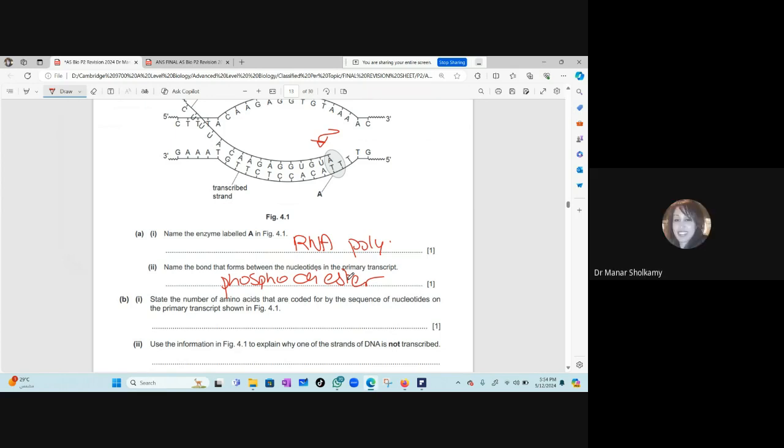So we will count the number of bases on the messenger RNA, the one that is being coded for. Let's count together. This is three, then another three, and another three, and then one, two, three, and then this is one. So we have five amino acids.